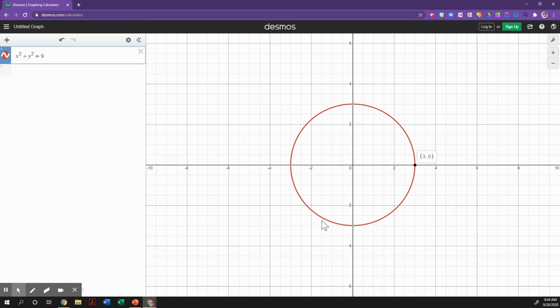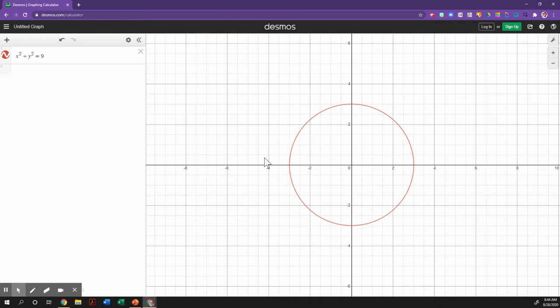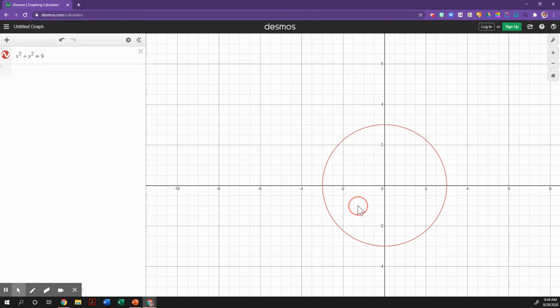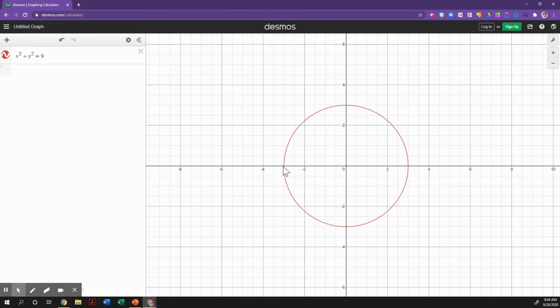So if I say that my domain includes -6, well, the circle's not over here. This is my function, this is my picture. That means my domain is restricted to -3 to 3.